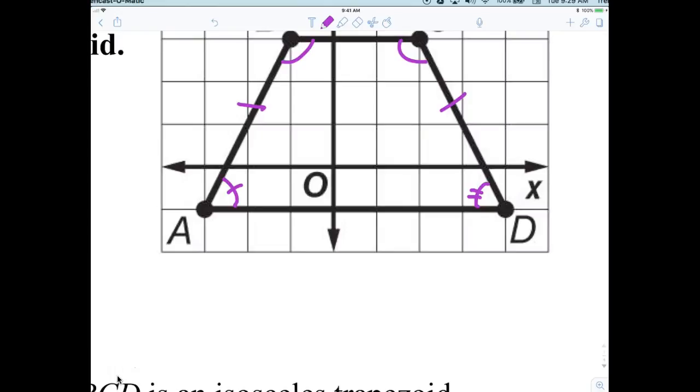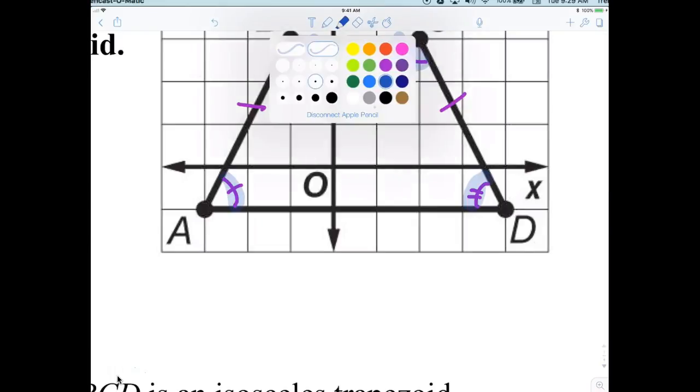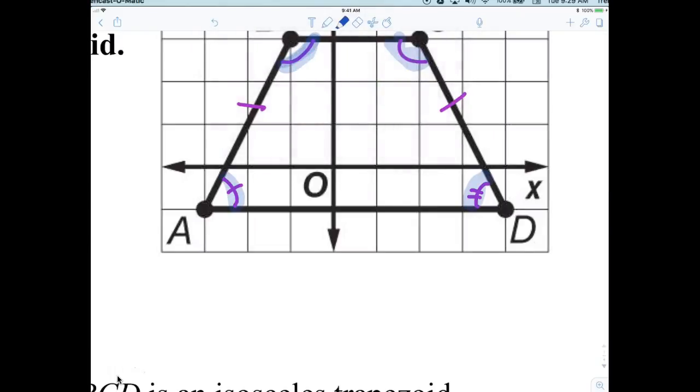Now listen to me. This is going to sound weird. These are base angles, and these are base angles. Are these base angles, the top one and the bottom one? No, they are not. Those are always supplementary, because those are consecutive interior angles.